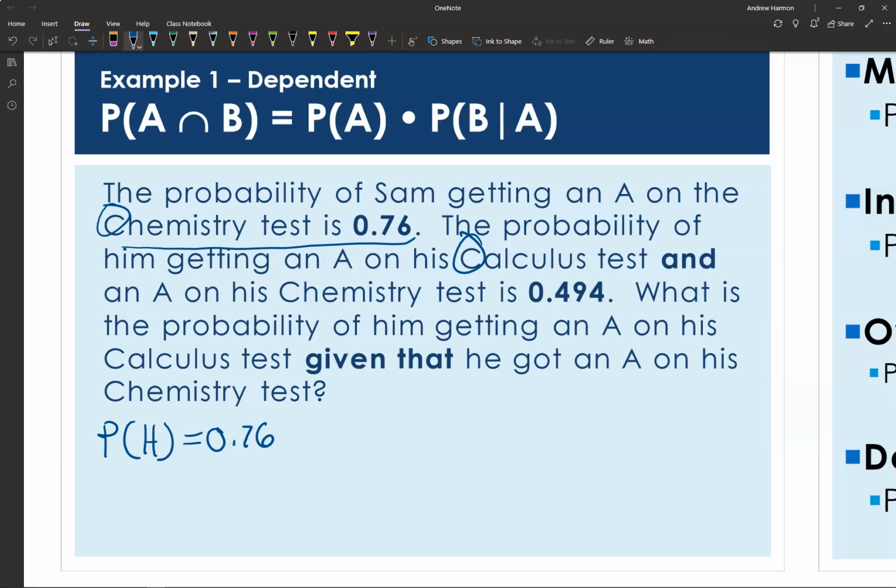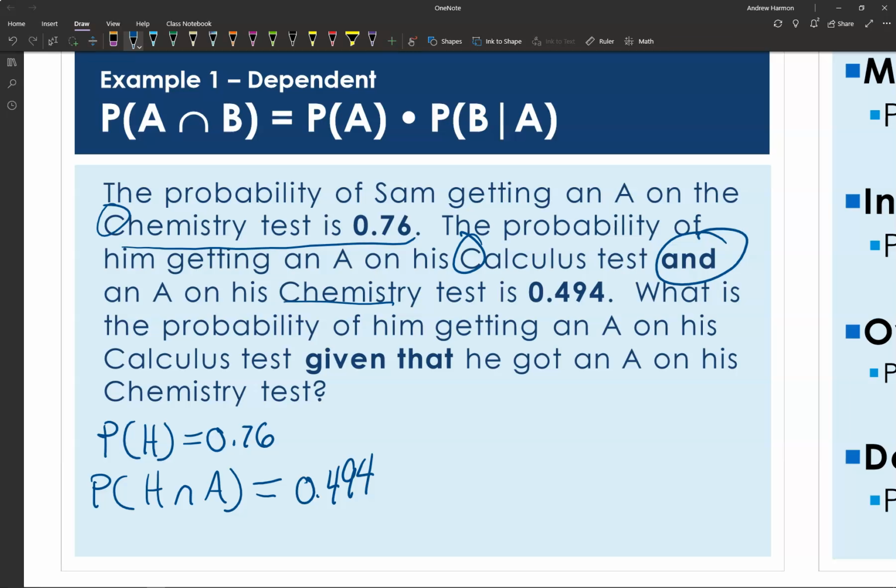Then we go on: the probability of him getting an A on his calculus test and an A on the chemistry test is 0.494. So this one is an AND probability, chemistry and calculus, and we'll use an A for calculus since that's the second letter. That is 0.494.